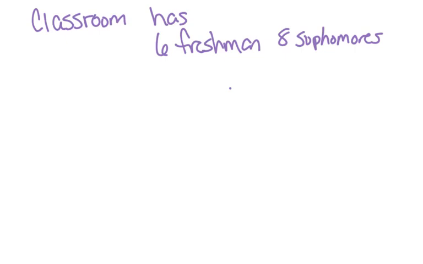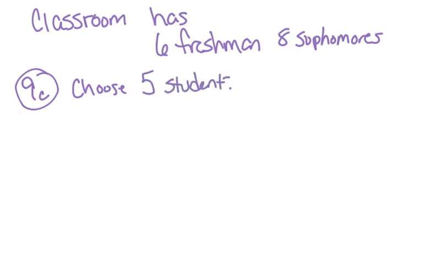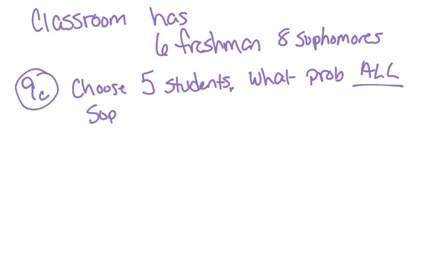And so, 9C. 9C asks, how many ways can we choose 5 students? What is the probability that they're all sophomores? Okay, well, this isn't too terrible.